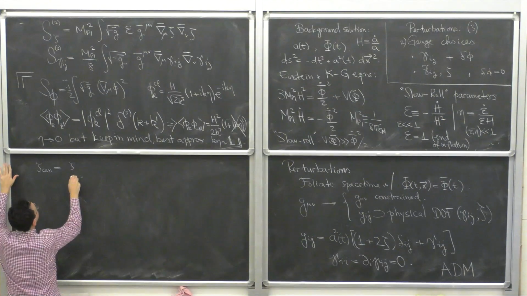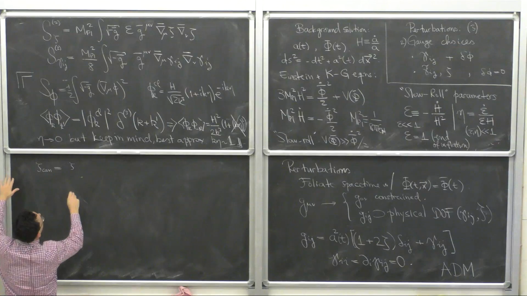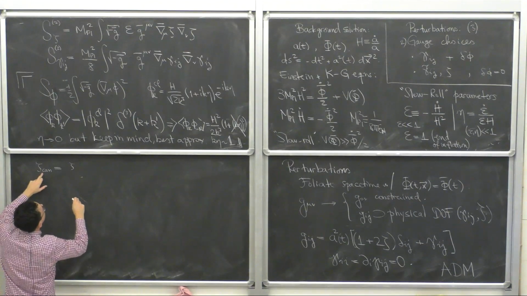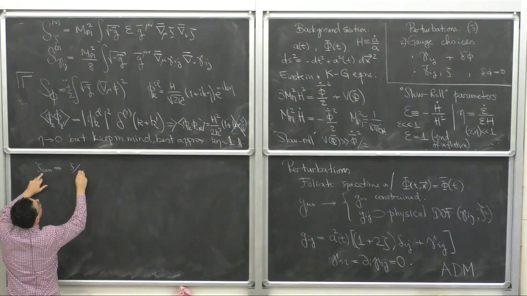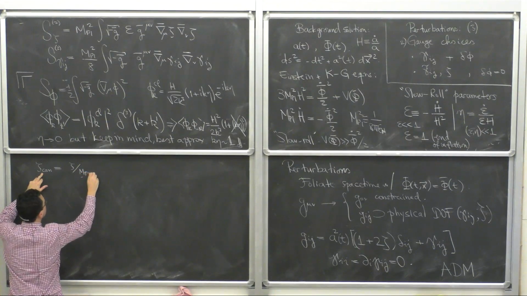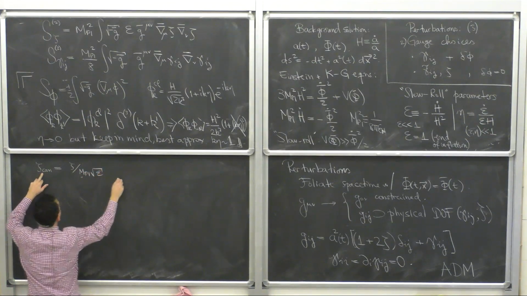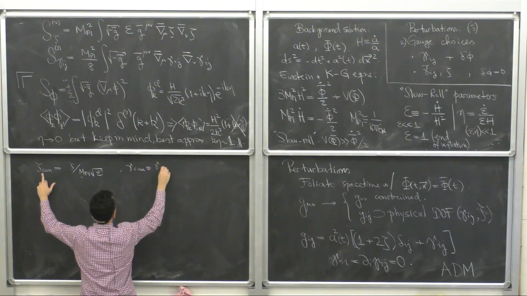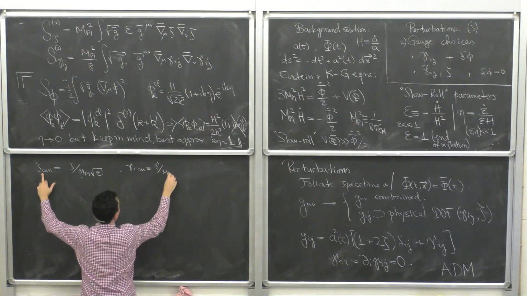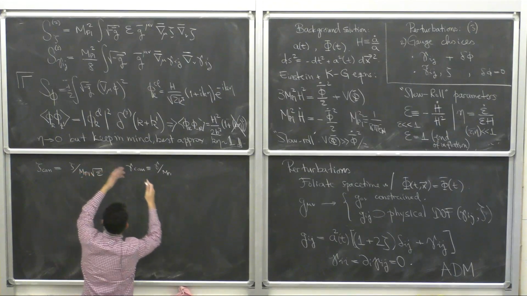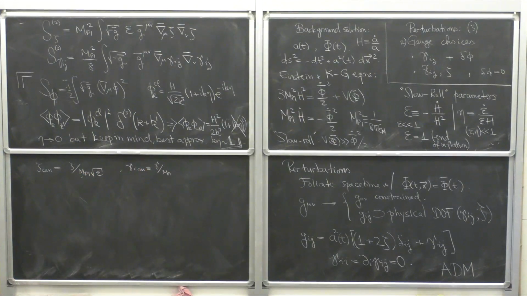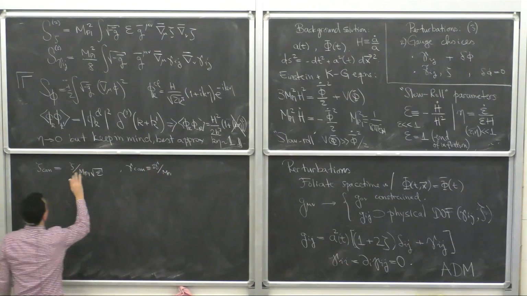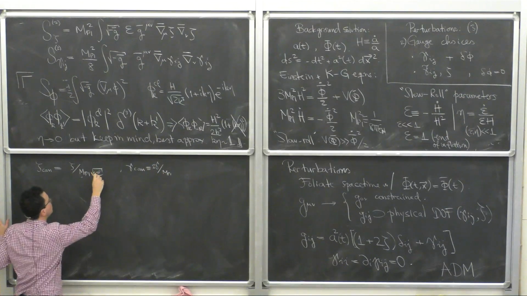Zeta divided by m Planck root epsilon, right? While gamma canonical is gamma divided by m Planck. Maybe with some factor. I don't care about the factor of 2. Maybe there's a root 2 here.